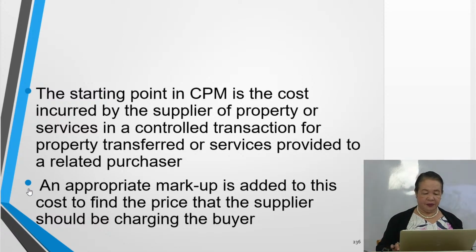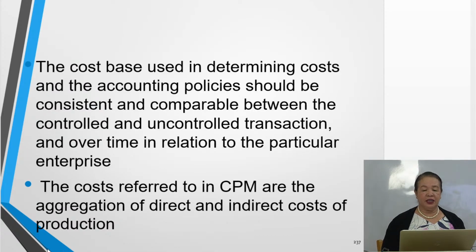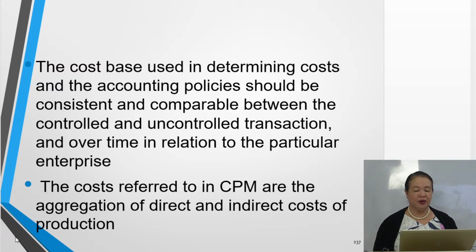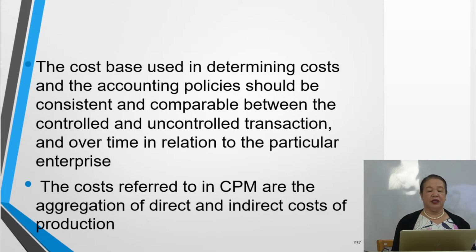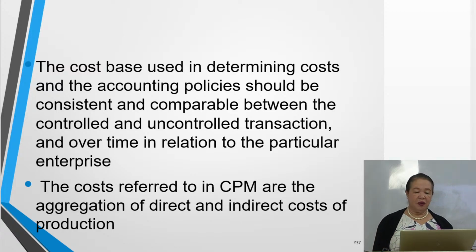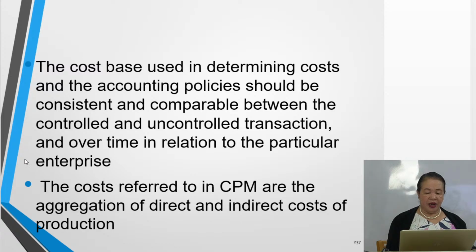The cost base used in determining cost and the accounting policy should be consistent and comparable between the controlled and uncontrolled transactions. So they should be the same, and over time in relation to the particular enterprises. The costs referred to in CPM are the aggregation of direct and indirect costs of production, because it is manufacturing. So what is its activity? Manufacturing or developing a product.